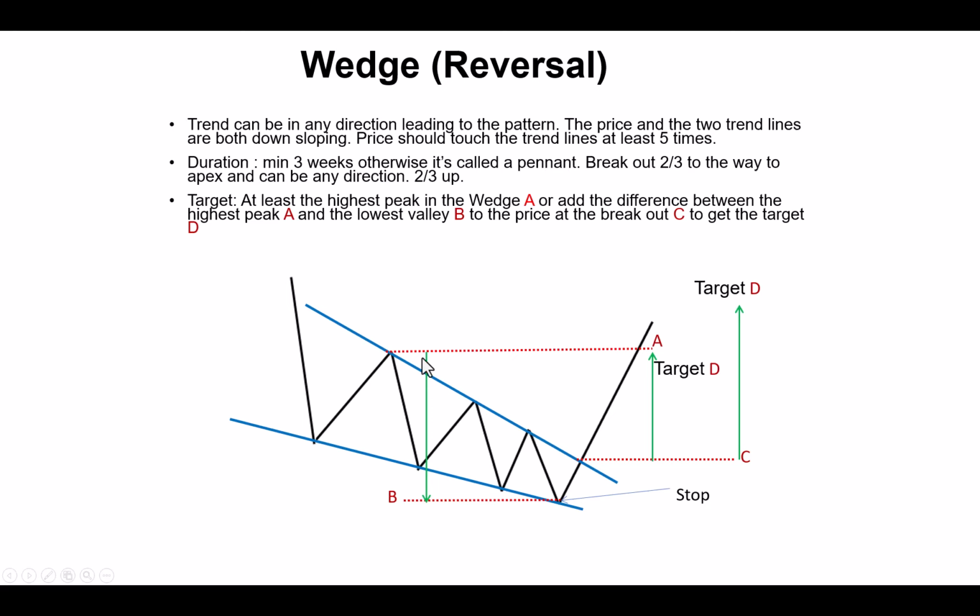Price should at least get back to the peak of the wedge, which is over here, that's A. But as we can calculate the distance here and add it to C, it should also be able to push even higher. But as a minimum, it should get back to the last peak here, or the first peak here, or the highest peak in the wedge. And if it's upside down, meaning it's a rising wedge, then of course everything is vice versa. And the stop, again, is the last time price turned around prior to the breakout price.